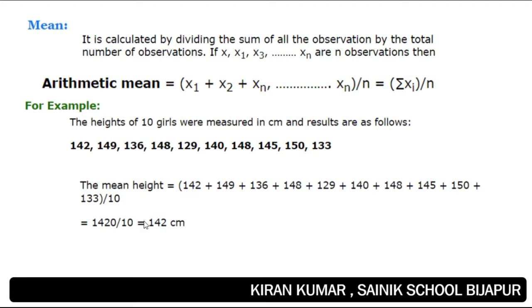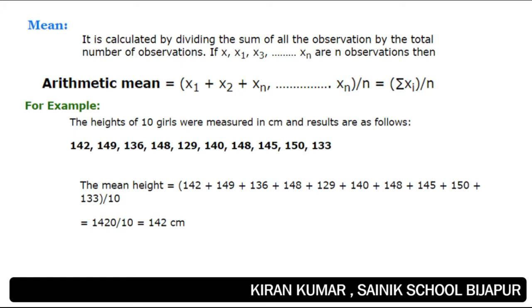Upon addition, we get 1420 divided by 10, we get 142 centimeters. This particular data, whichever is discussed till now, is all called ungrouped data. For ungrouped data, we also have learned finding mode, which is the highest repeated observation. Also, we have found median.